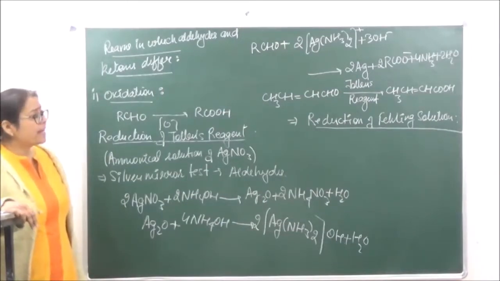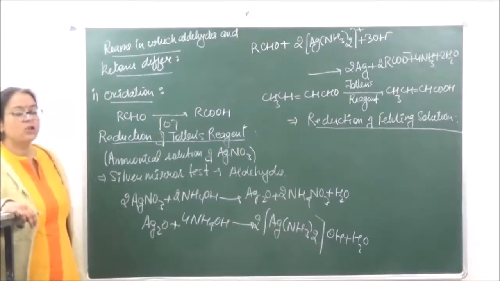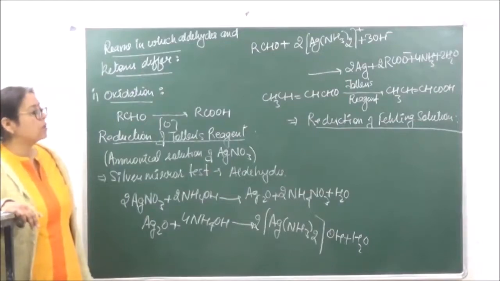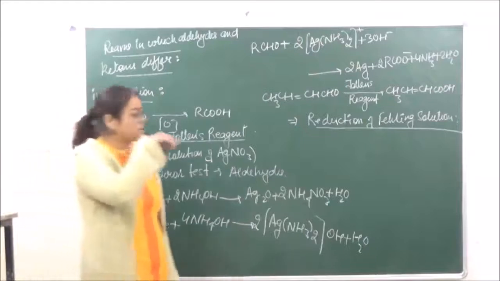When aldehydes are reacted with Fehling solution, we get a reddish brown precipitate, and that reddish brown color confirms the presence of the aldehyde group in the compound. Now what is this Fehling solution? We have two types of Fehling solution.